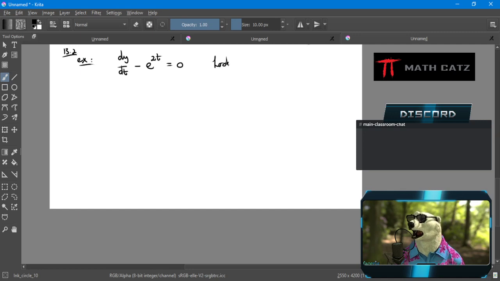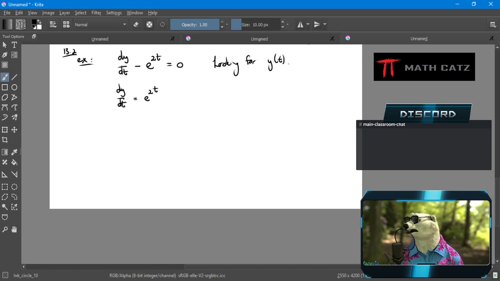So we're looking for a function in t, a function called y, based on this derivative's name, such that this equation is true. But I can rewrite this equation as dy/dt equals e to the 2t.